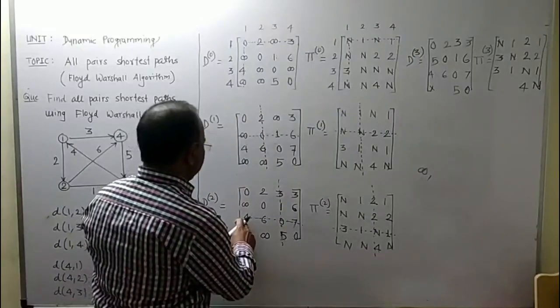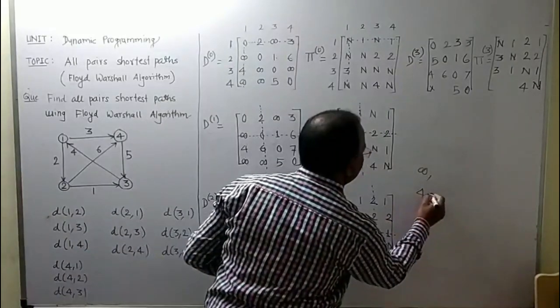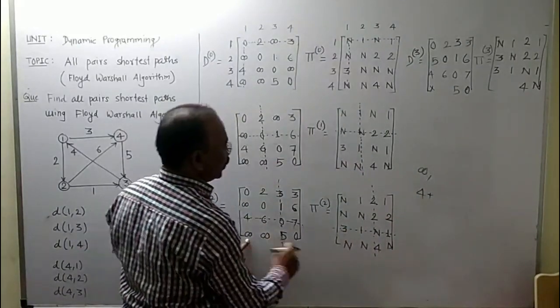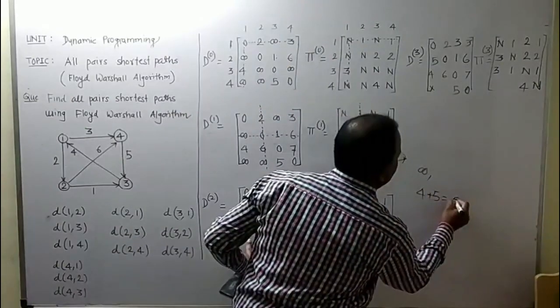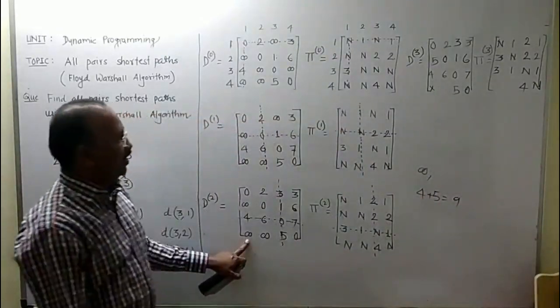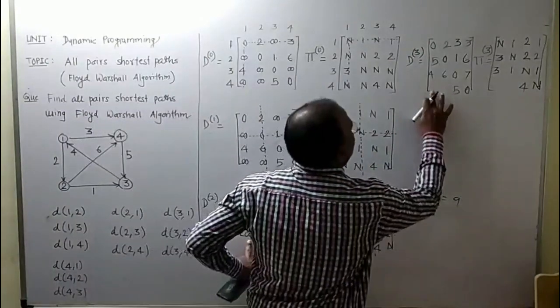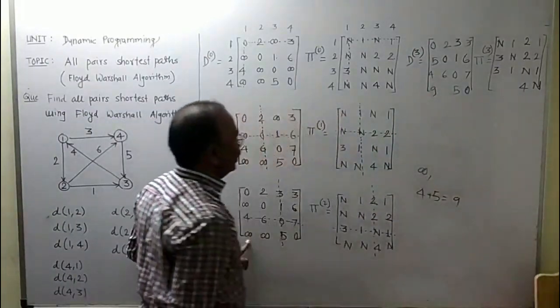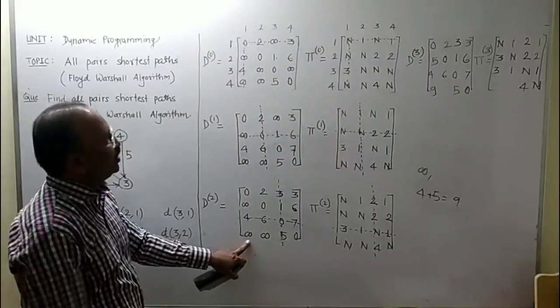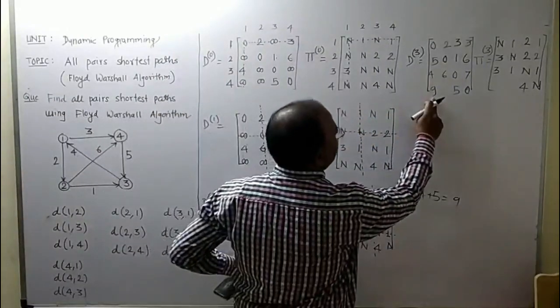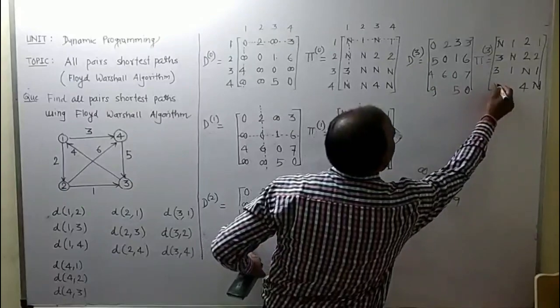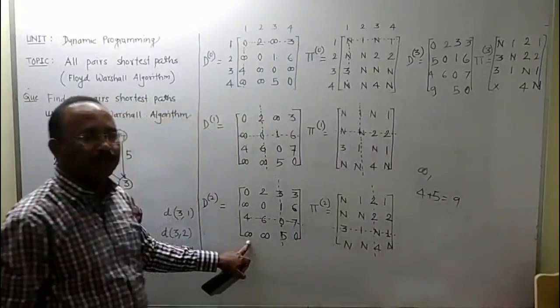Then travel vertically, you will get 4. Then travel horizontally, you will get 5. 4 plus 5 is 9, and minimum is 9. Here it is changed. So write here the 9. As there is a change in D3 at this place, there should be a change at this place in pi 3. Right.